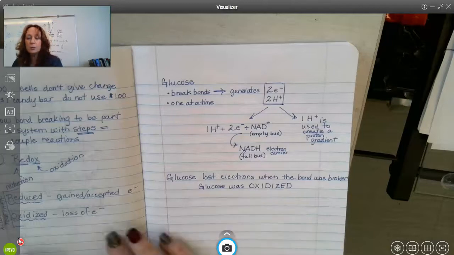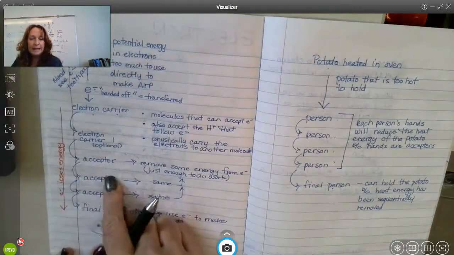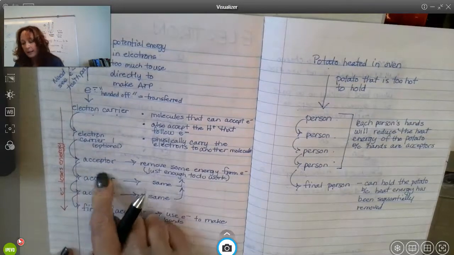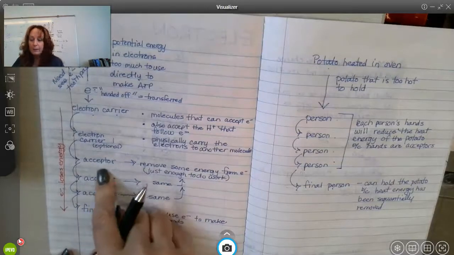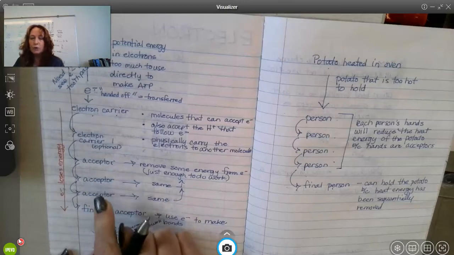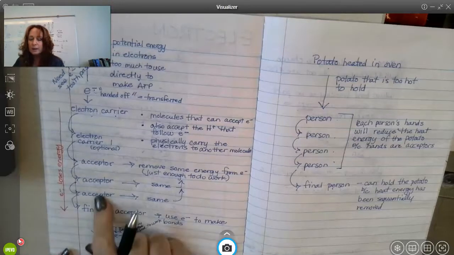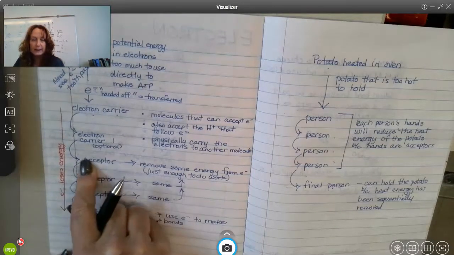Because we're dealing with this handing off, I got it, I'll give it. Now I have it. This passing along of an electron, you've got to have the proper vocabulary to speak about the conditions of what this acceptor is in.